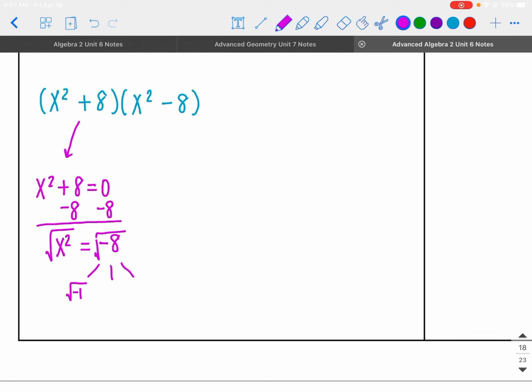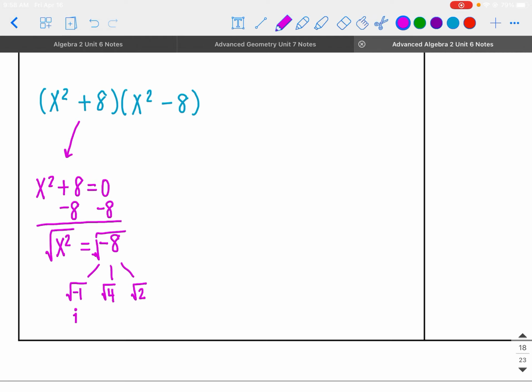And then we say, all right, what is the largest perfect square that goes into 8? And that's 4 and 2. But square root, because that was the square root of 8, so I'm bringing down my square roots. Now, what is the square root of -1?